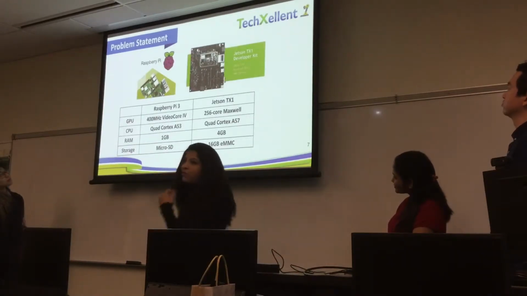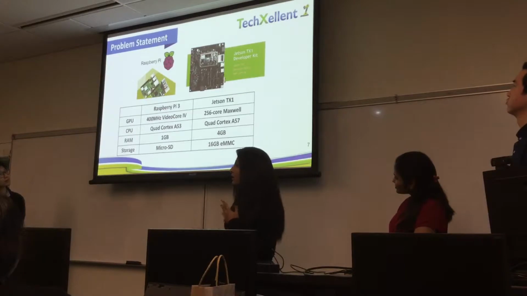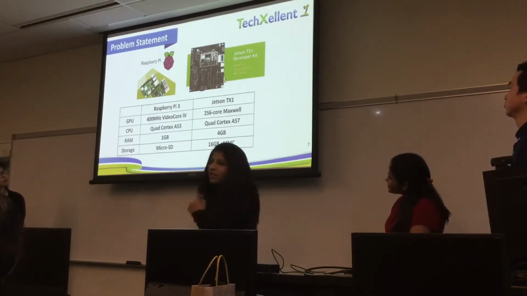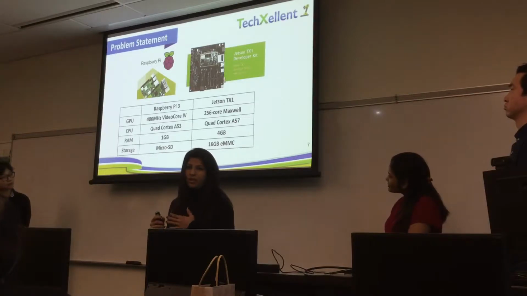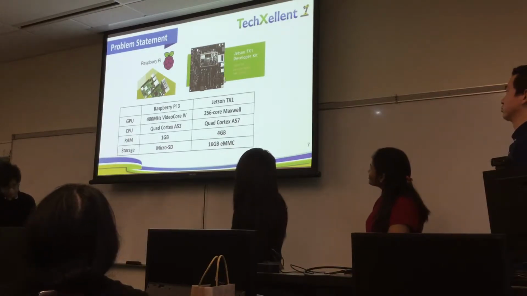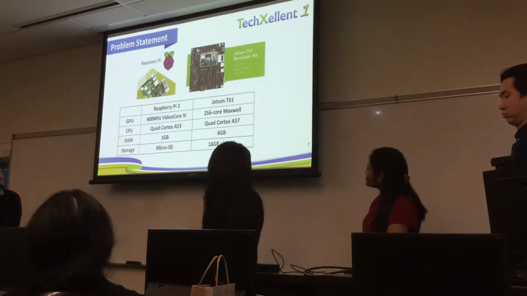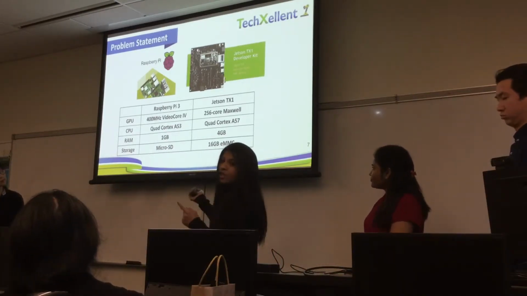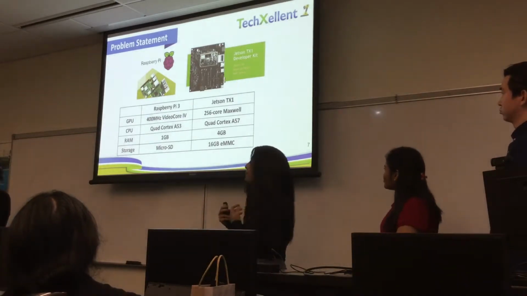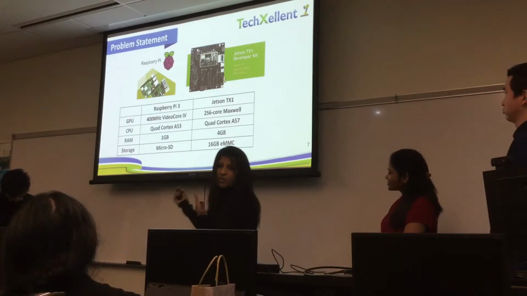What is the problem and why are we helping them? Currently they are using the Raspberry Pi, and the Raspberry Pi is slower than what they expect. So we are using the Jetson TX1. You can see a comparison of both here. The Jetson TX1 is faster and more accurate than the Raspberry Pi.